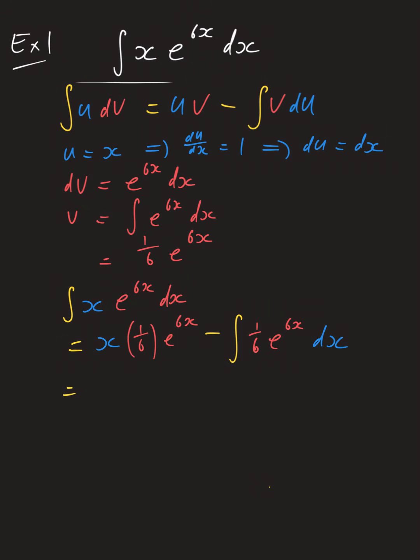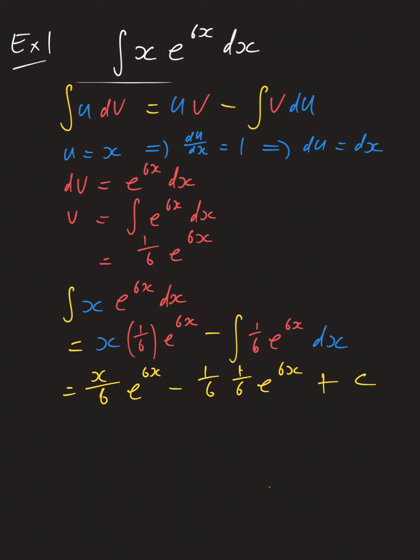So that's equal to x over 6 times e to the power of 6x minus, that 1 over 6 will stay in front, and then the integral again of e to the power of 6x dx is 1 over 6 e to the power of 6x plus c.